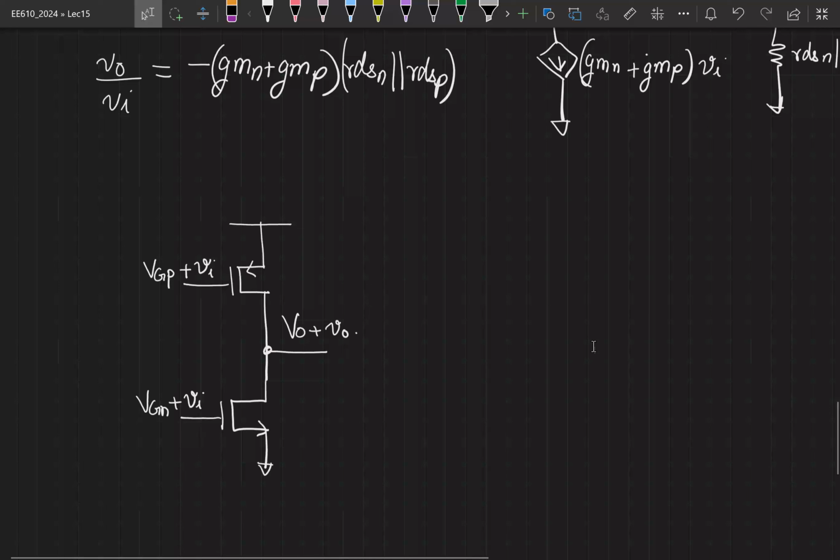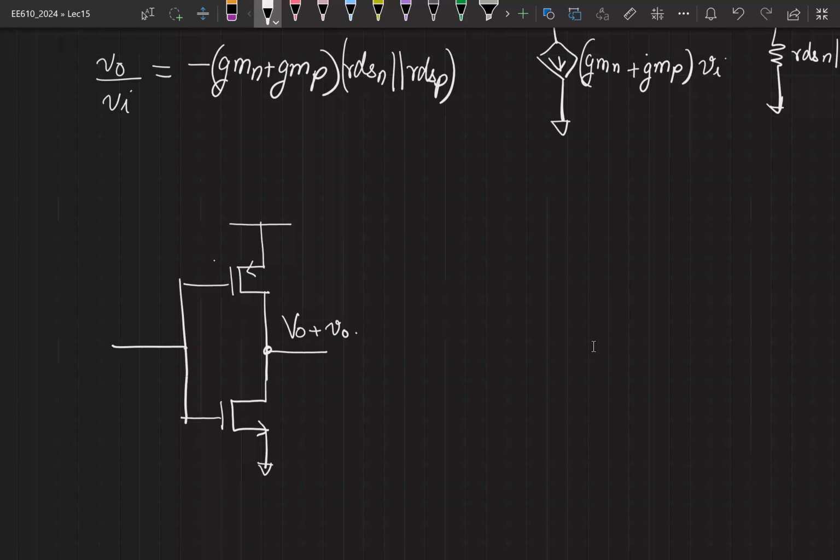So instead of a separate VGP and VGN, it's some constant bias at both nodes. Now if both of these are similar bias and similar incremental voltages, I might as well short them. So I short both of them and then I give some bias voltage plus the incremental voltage.